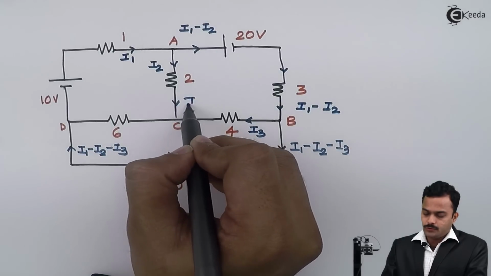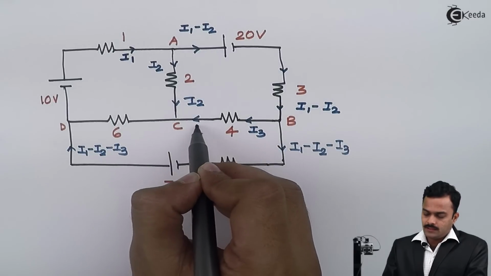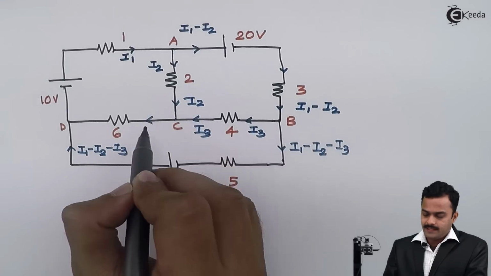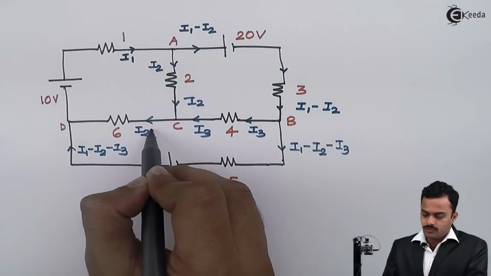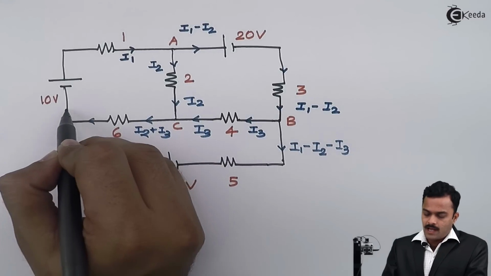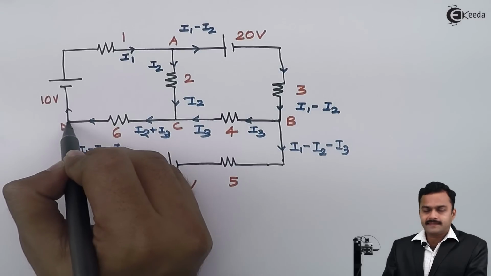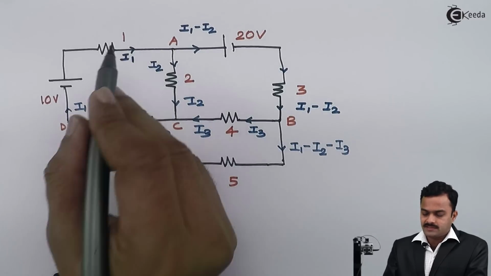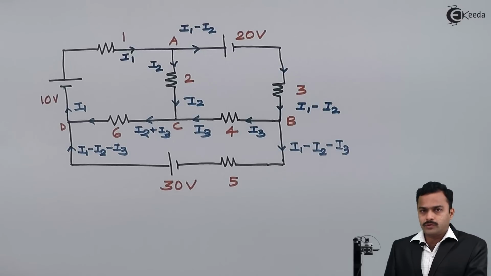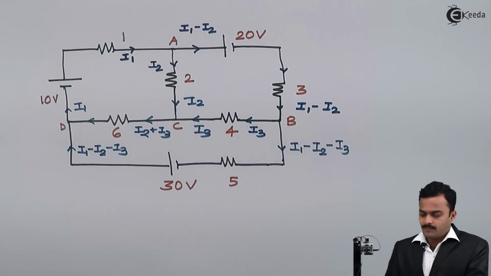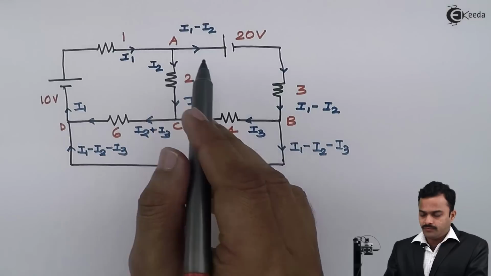This current will be I2 and this current will be same I3, and KCL at C I will get current through 6 ohm as I2 plus I3. And finally if I apply KCL at D, I am getting this branch current is I1, which is same as the current flowing through the 1 ohm resistance. So I have done all current markings based on KCL at different nodes.